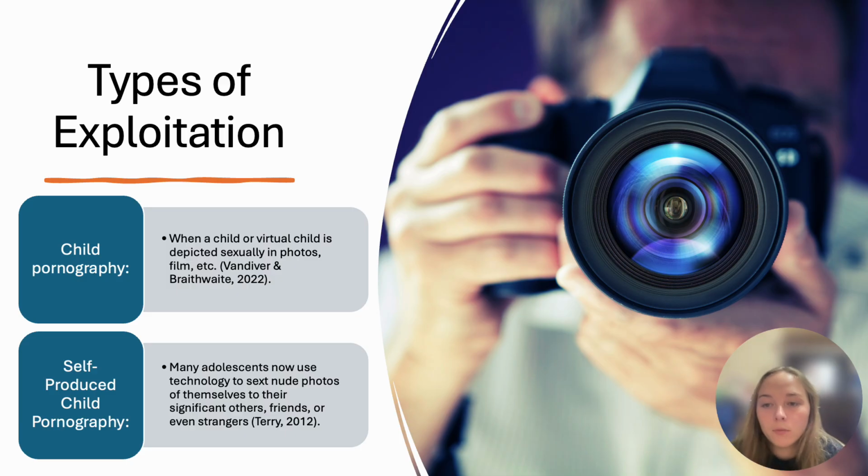One test to determine whether material is considered obscene and unconstitutional is the Miller test. The Miller test is a three-part test that determines whether material is obscene through: if it appeals to the prurient interests, if it is viewed in a patently offensive way, and whether the material lacks sufficient First Amendment protection, which is the LAPS test, which asks if material has any literary, artistic, political, or scientific value.